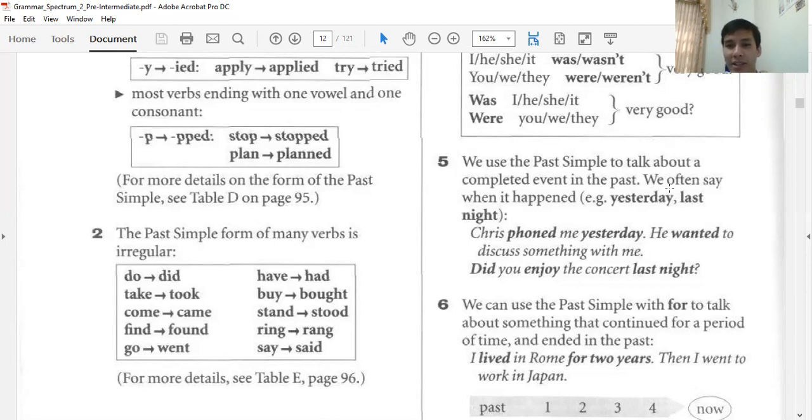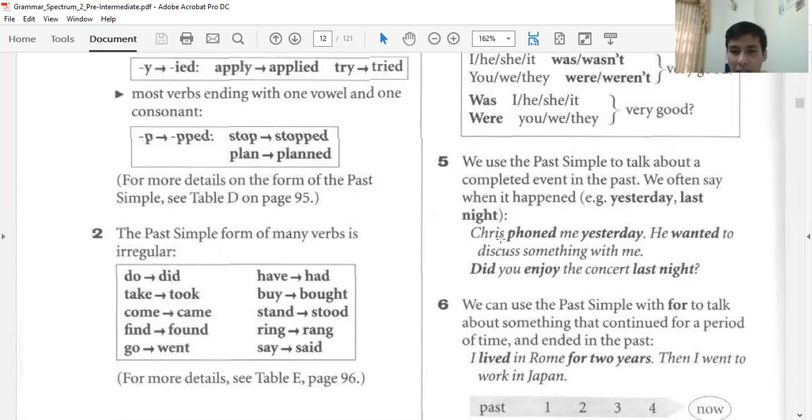We often say when it happened, a specific time in the past, and it also finished in the past. For example, we have the time expressions yesterday, last night, or maybe last year, or last week, or last month, something like this.